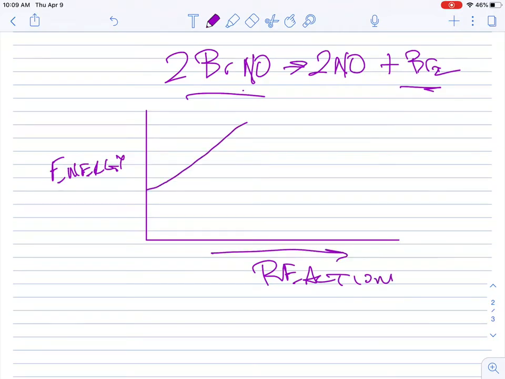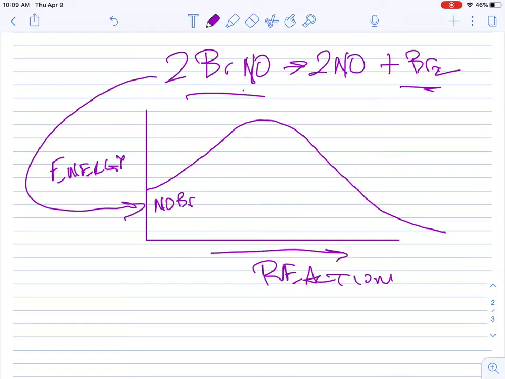If you were asked to label the parts, you'd say, here are my reactants, NO and Br. Here are my products, NO and Br2. Since I end up at a lower energy state, I'm going to have a negative delta E, so that means this is an exothermic reaction.